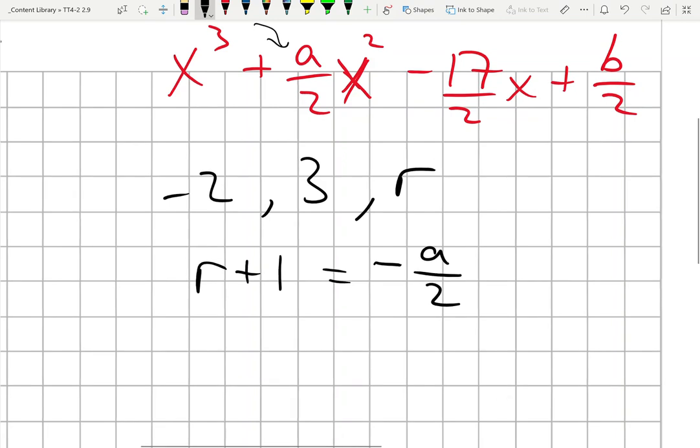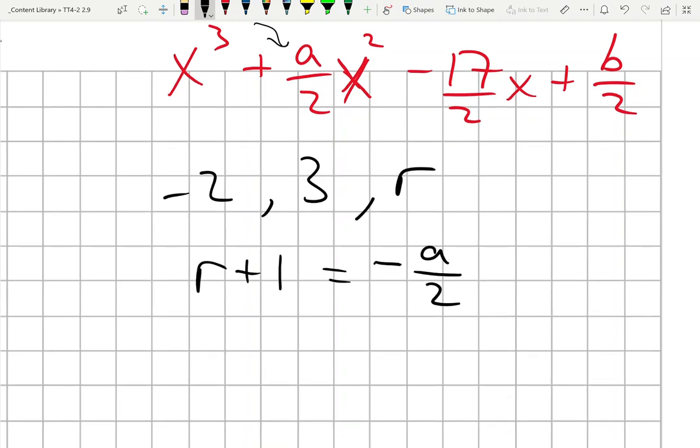We're only going to have 2 equations. It's just not going to work. You multiply them together, make it 6 because I have a negation to carry out, and I'll have 6R equals B over 2. Okay, forget about it. Doesn't work.